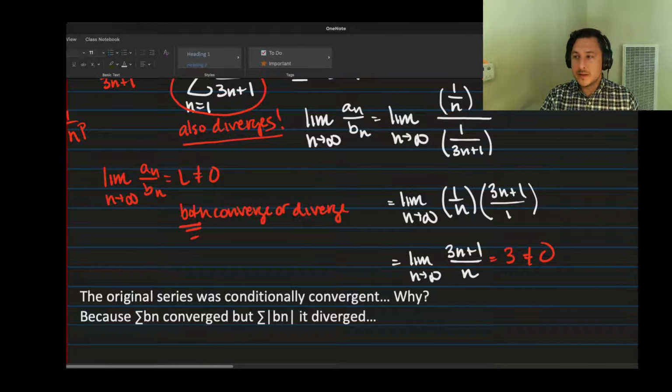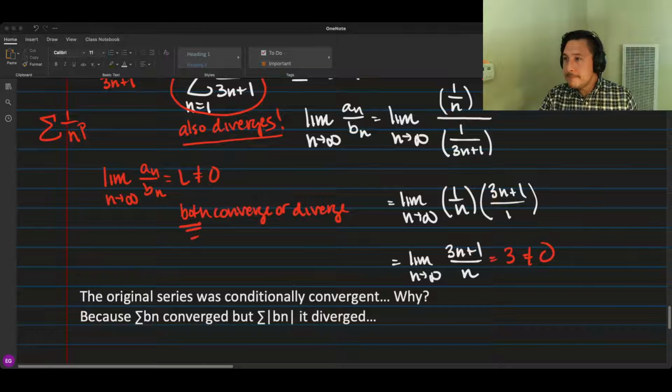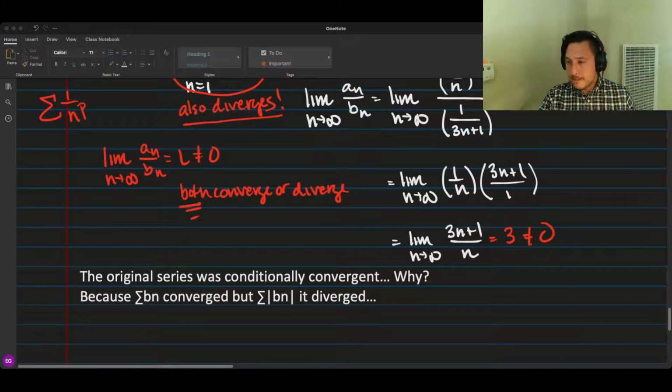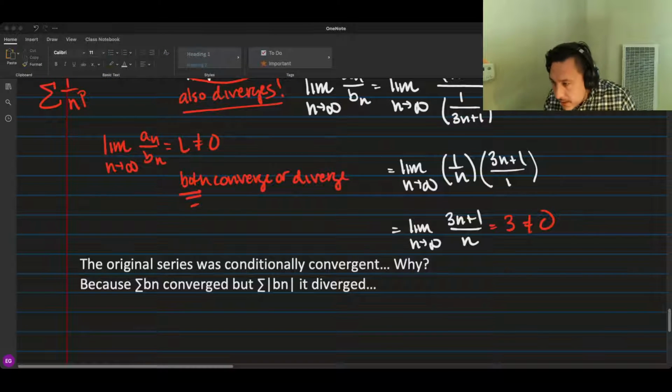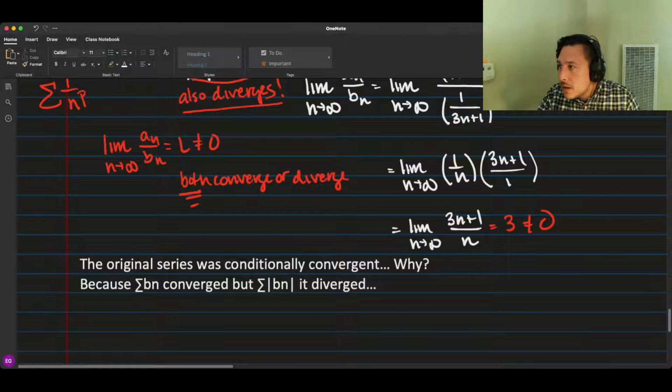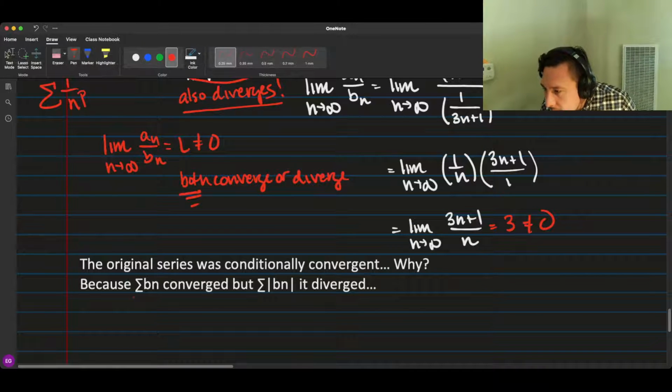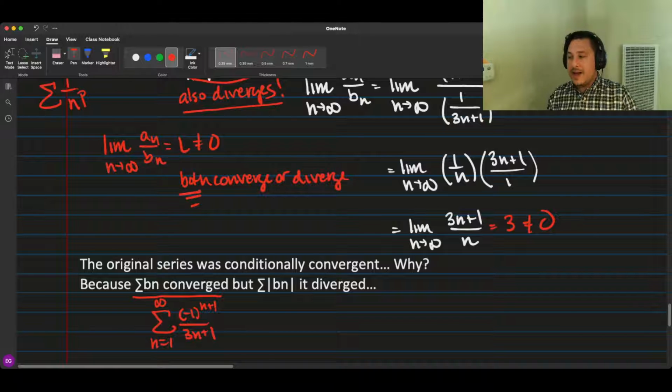Yeah, so what I mean is, let me write it in. Which one converged? The sum from n equals 1 to infinity of (-1)^(n+1) over 3n plus 1. That converged.